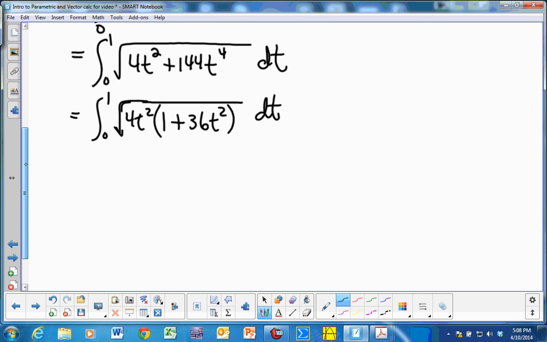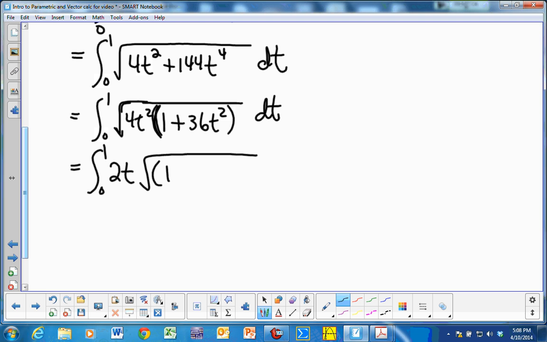Now, the reason that was helpful is this is multiplication now, because I have 4t squared times this quantity. So I can take the square root separately of the 4t squared, which will give me a 2t, and then I have the square root of 1 plus 36t squared, and then dt.